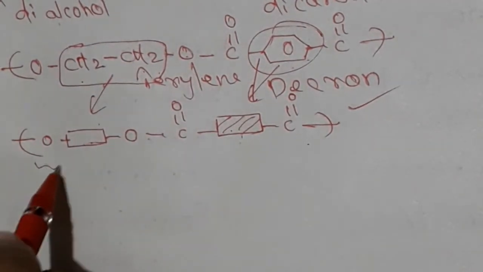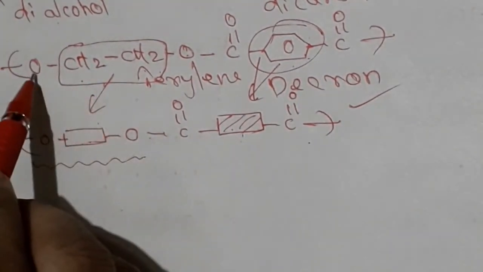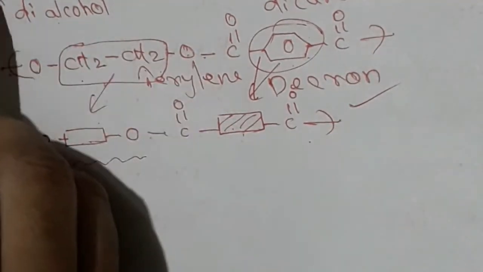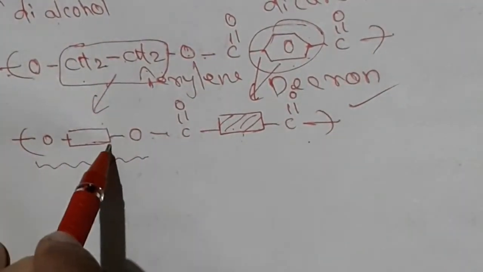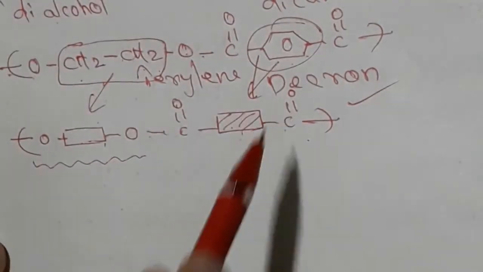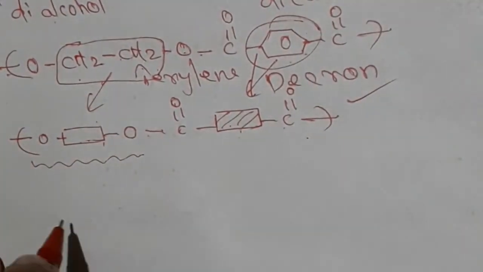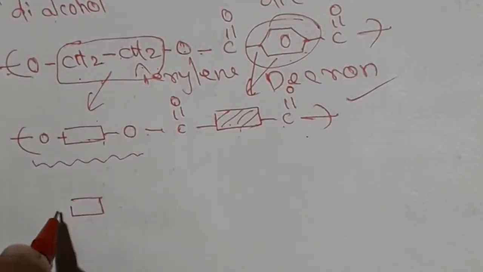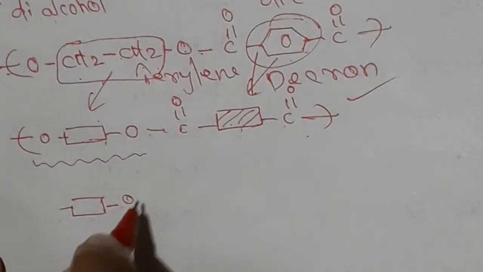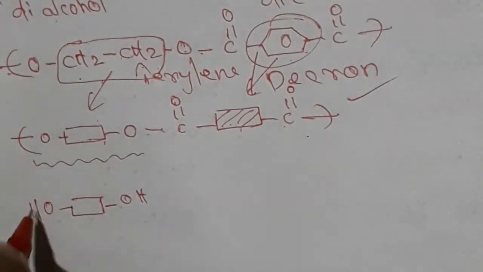You know this part is alcohol. Look here, OH, this part is the alcohol part. Carbon double bond oxygen means the carboxylic acid part. So how do we draw the monomer from this? You just draw this box and we know here it is OH.